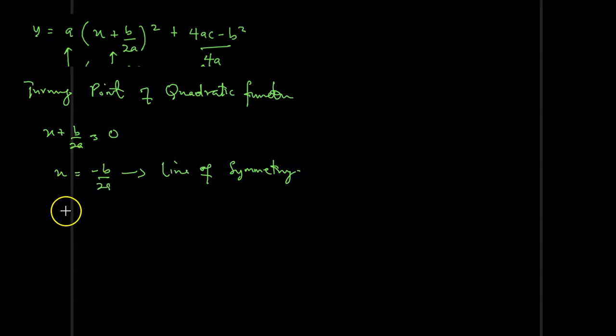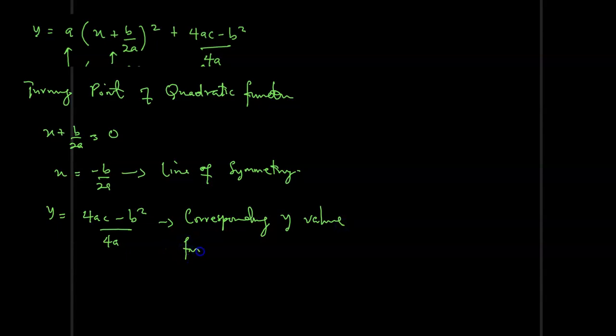And then also y equal to 4ac minus b squared over 4a actually becomes the corresponding y value for the turning point.